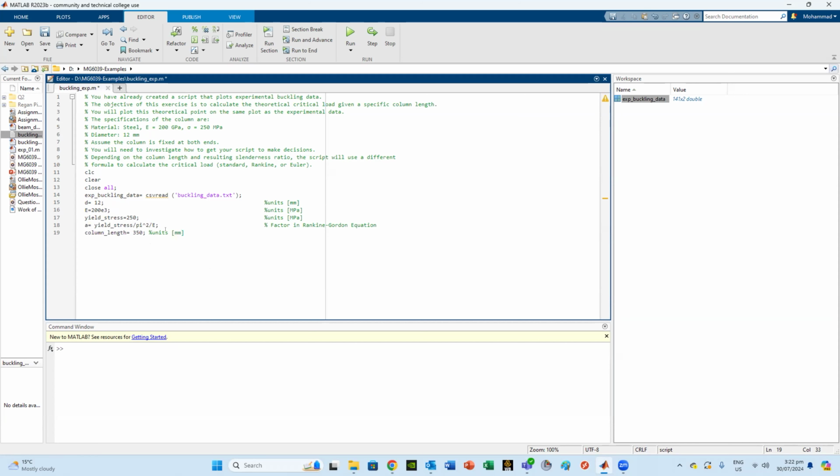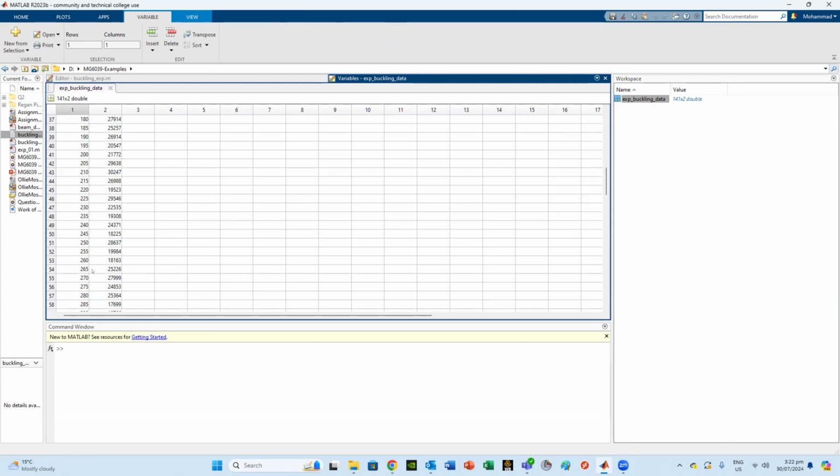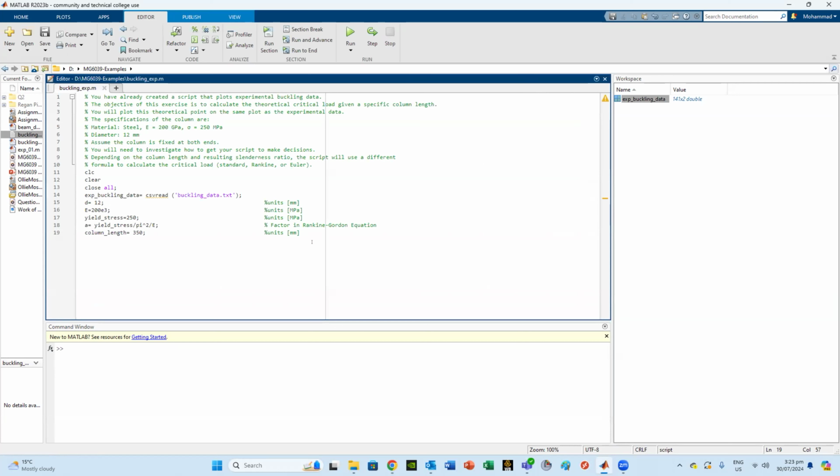I choose a value which I can easily find in the text file. When you come to the experimental data, you can see the 350 already exists here, which is giving you the load of 20,658. You can select any values of this, but we're comparing the entire experimental data to one point, which we'll be calculating based on the theories.